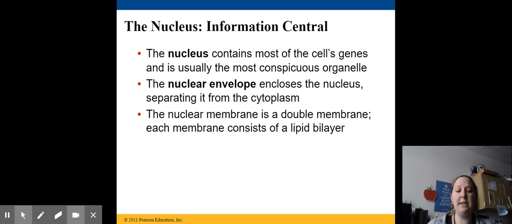And it is usually the most conspicuous organelle. It's the easiest to see under a microscope. The nuclear envelope encloses the nucleus, separating it from the cytoplasm. The nuclear membrane is a double-layered membrane, much like the plasma membrane, and it consists of a bilipid layer.